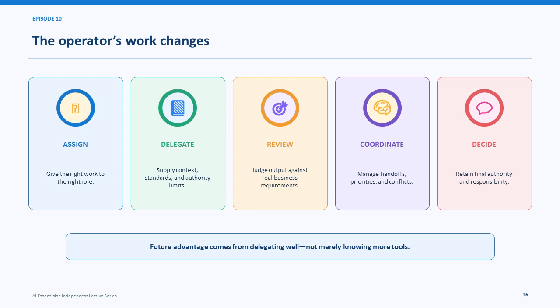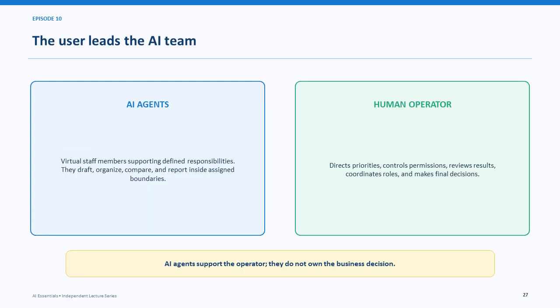The operator's work changes from doing every step alone to assigning, checking, reviewing, coordinating, and deciding. Automation should increase control, not hide responsibility. The user leads the AI team by directing priorities, controlling permissions, reviewing results, coordinating roles, and making final decisions. Agents support capacity; they do not run the business independently.